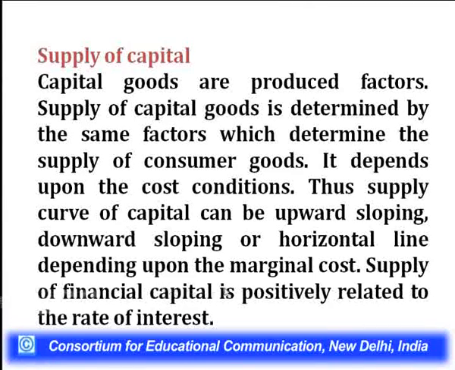Supply of financial capital is positively related to the rate of interest. This means the higher the rate of interest, the higher the supply, and the lower the rate of interest, the lower the supply of financial capital.